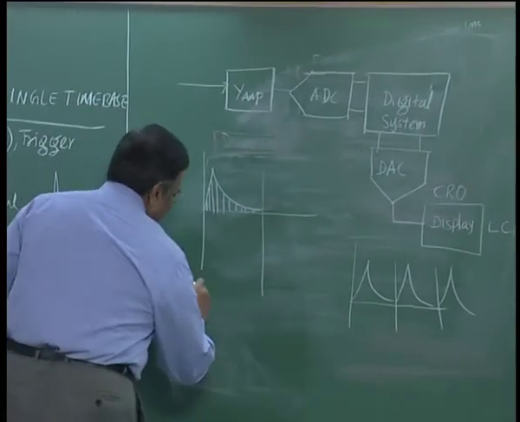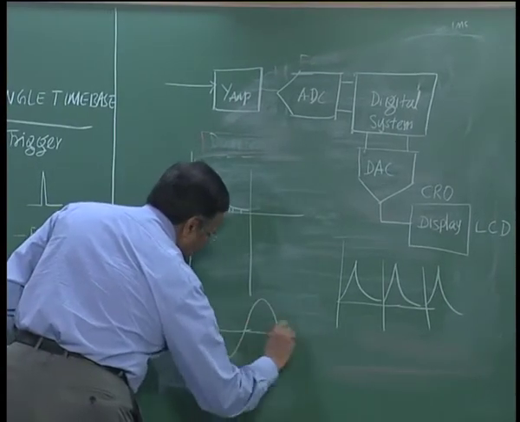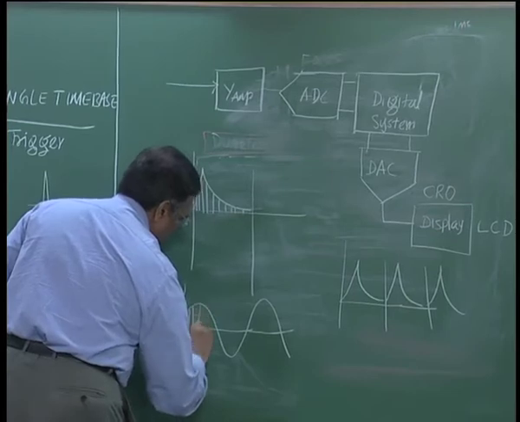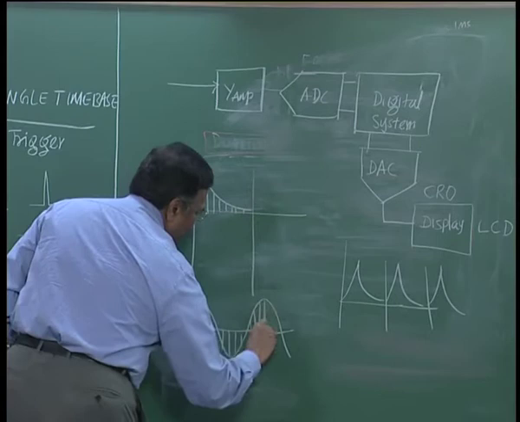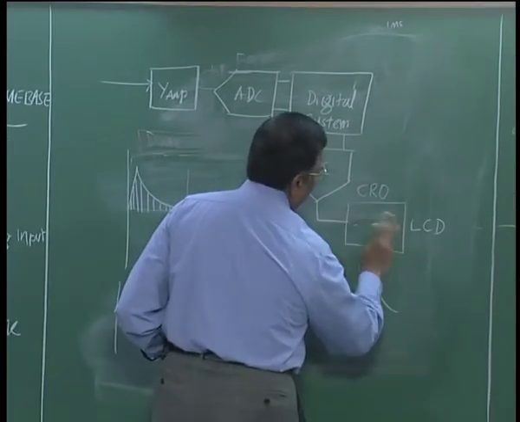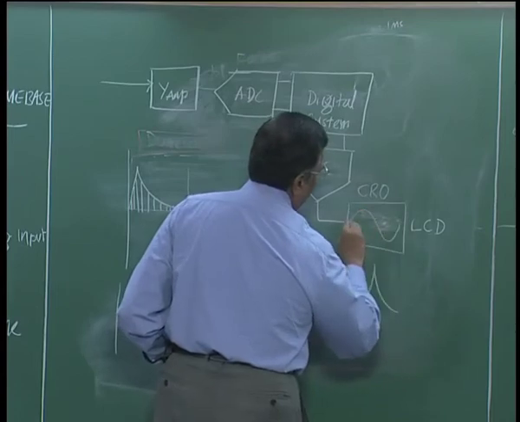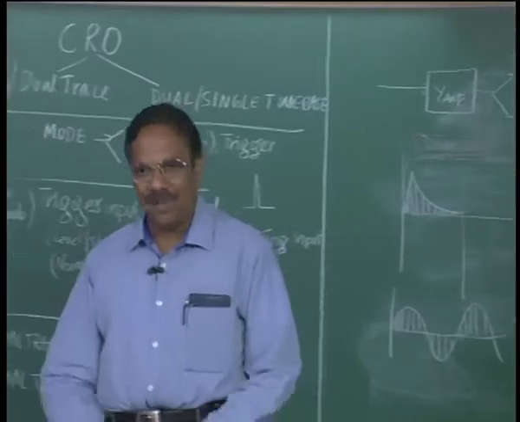Suppose my signal is a repetitive signal, right, I take samples. So if I want to really display a nice smooth waveform on the display, then I need quite a large number of samples, right.